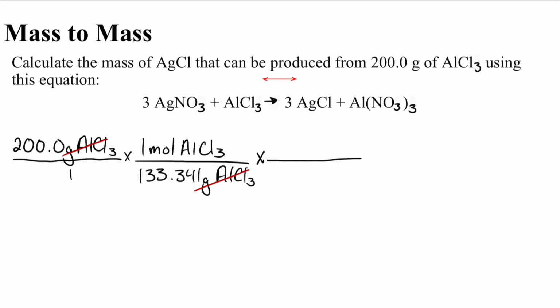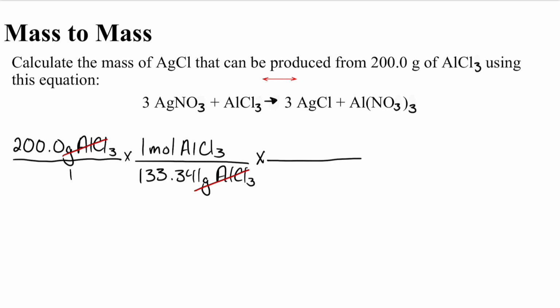Once again, now that I have moles of aluminum chloride, now we're going to use the mole ratio from the balanced chemical equation to convert from aluminum chloride to silver chloride. Looking at the balanced chemical equation, our ratio of aluminum chloride to silver chloride is 1 to 3.